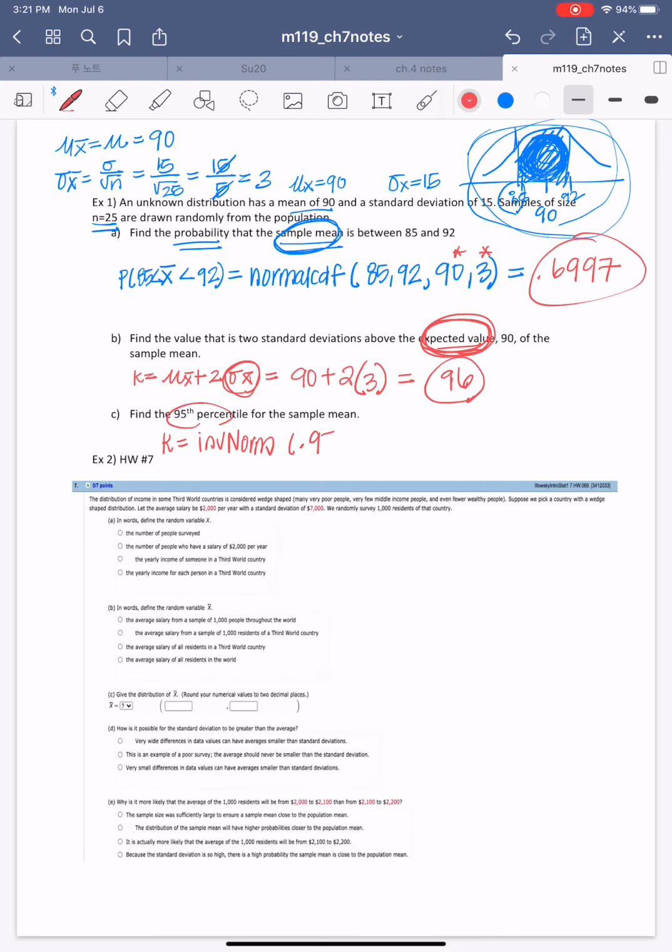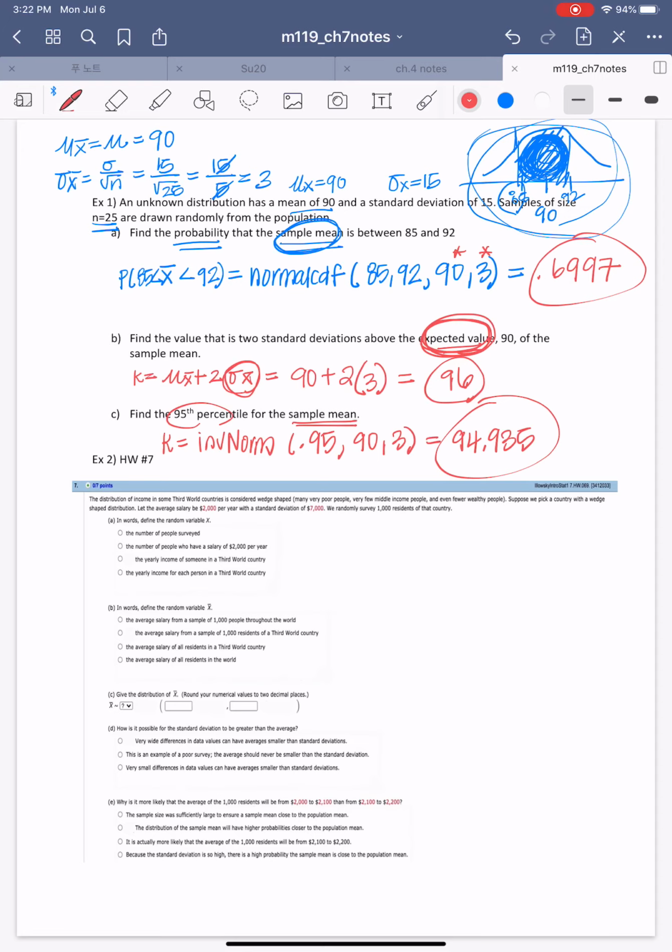It will be 0.95. Remember, it's the sample mean, so I have to use 90 and then 3, not 90 and 15. That was for the x. Using the calculator, I'm getting 94.935. Okay?